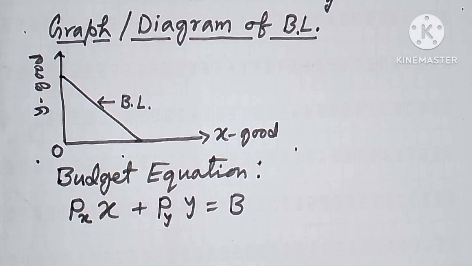In this case we can see only X and Y are the variables and there are three parameters, that is Px, Py and B, that is price of X, price of Y and budget. Parameters are something which cannot be changed. They behave like a constant or constraint.